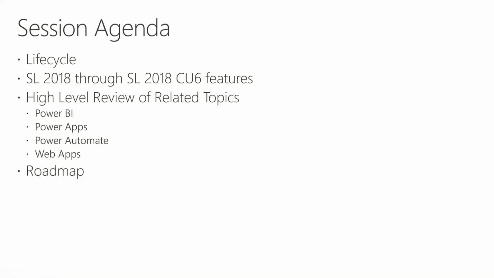What we're going to go through today is a brief talk on the life cycle, which hopefully you're familiar with. Then we'll go through SL 2018 through 2018 CU6 and some key features. This presentation is getting longer and longer.